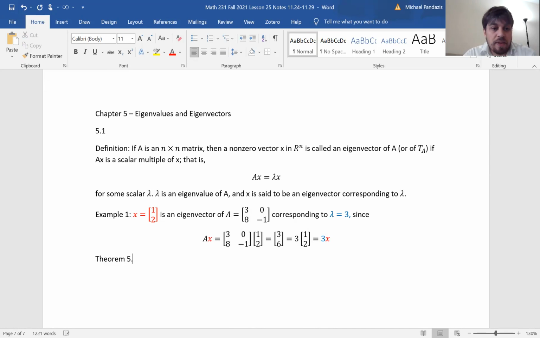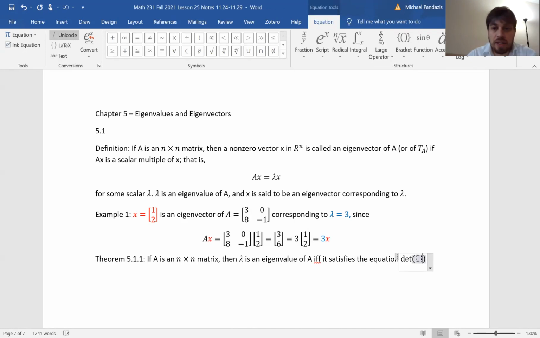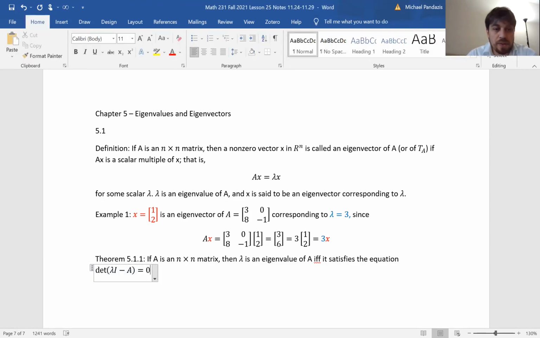Okay, so theorem 5.1.1. If capital A is an n by n matrix, then lambda is an eigenvalue of A if and only if it satisfies the equation determinant of lambda I minus A is equal to 0.